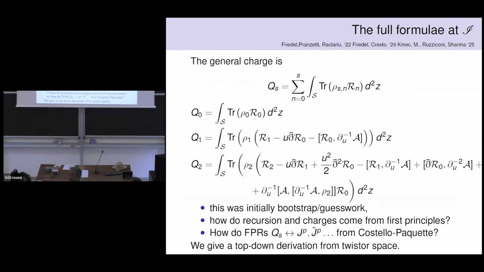Yeah. Where is your surface S? Is that at the bottom of Scry? Yeah, when we want to make contact with celestial holography, you'll push that surface down to u equals minus infinity. Well, but you would only expect to get the S algebra if it's at the bottom of Scry, right?